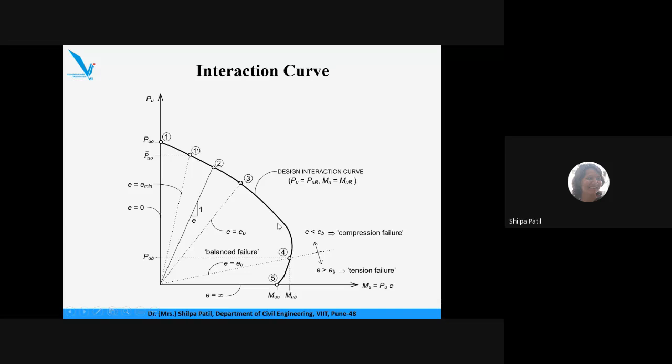If we find any point on this curve, we can immediately find out the resistance shown by the column for a given dimension and given properties, meaning the grade of the steel and the grade of the concrete. And simply by observing those values, or even by calculating the eccentricity value, we can find out the mode of failure, whether it will be a compression failure, a tension failure, or a balanced failure.